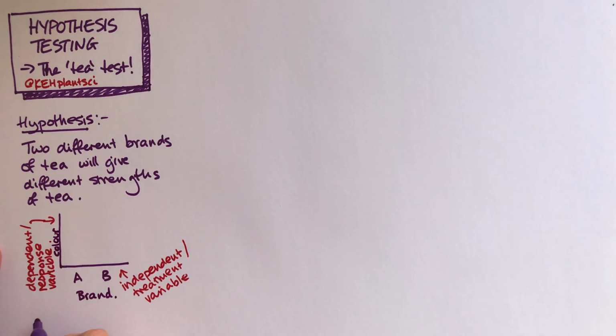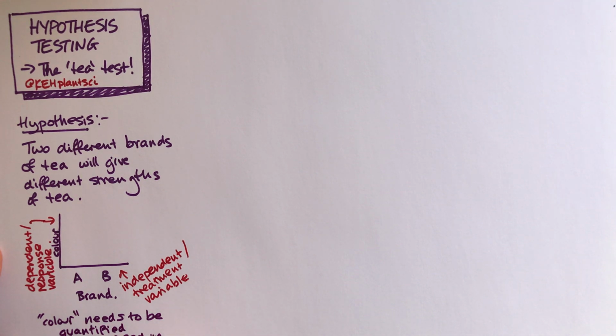In order to do that, my colour needs to be what we call quantified, i.e. expressed in numbers.